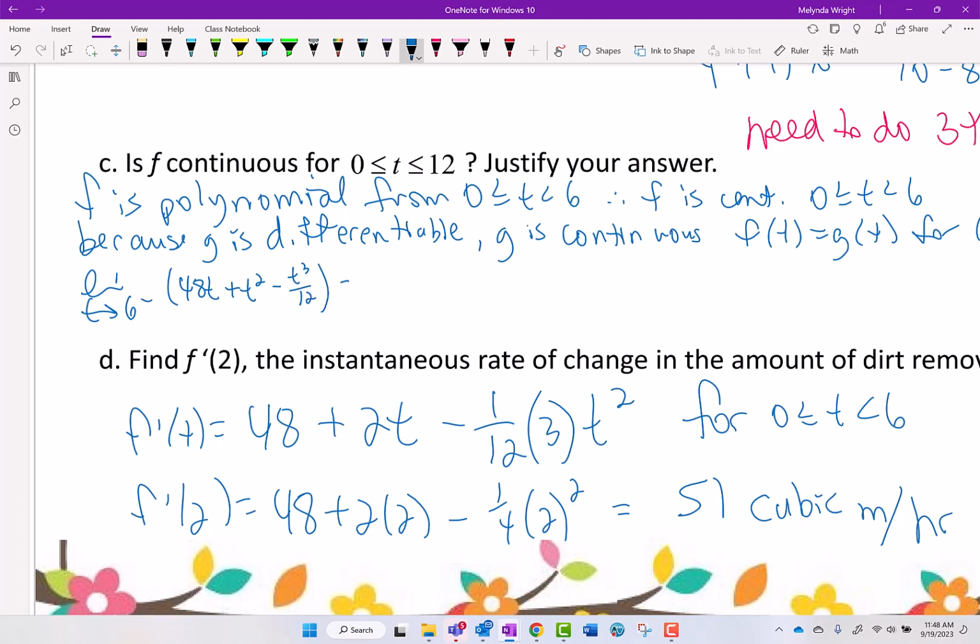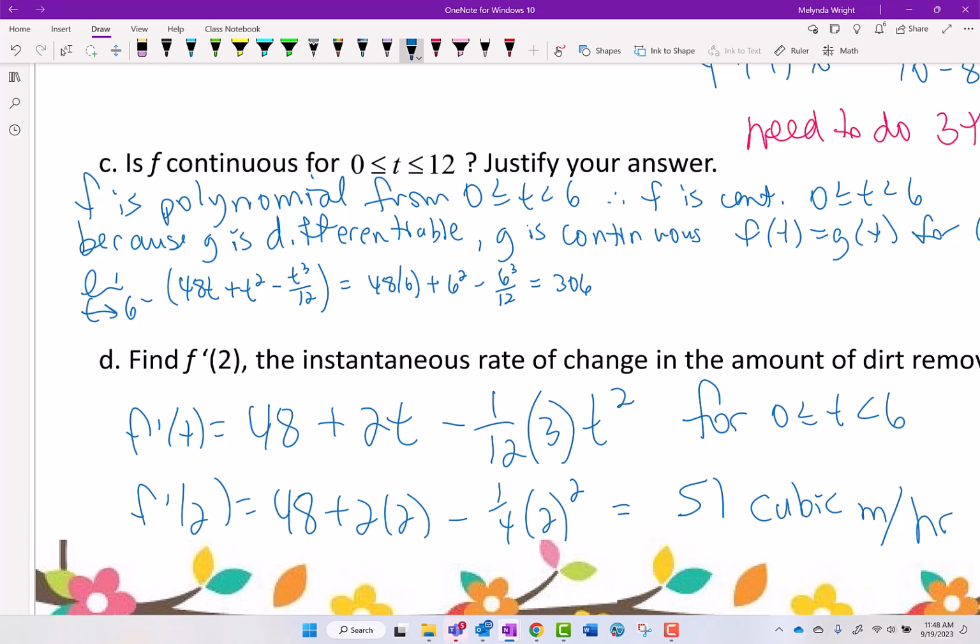So we plug in 6. This is a lot of numbers for me. I would not make you do this without a calculator. That's just too much. This is 306. So from the left side is 306.